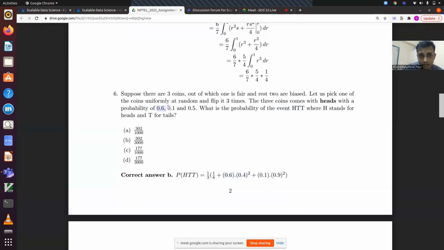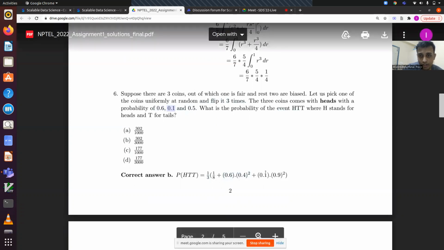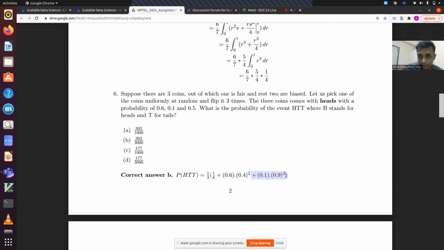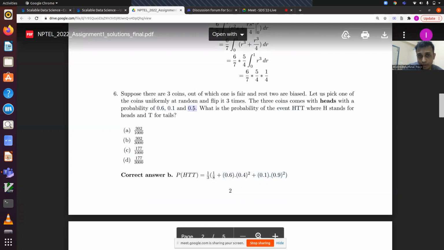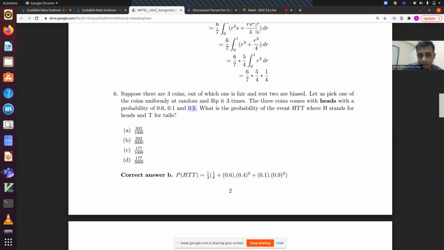For the second coin, it is 0.1 into 0.9 into 0.9, right? For the third coin, it is 0.5 into 0.5 into 0.5, which is half to the power 3, which is 1 by 8.